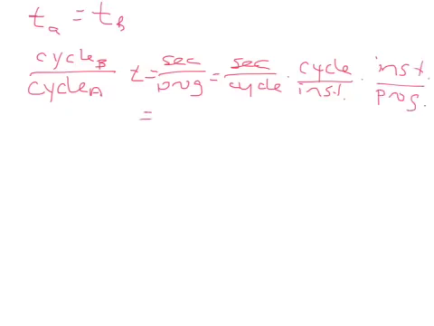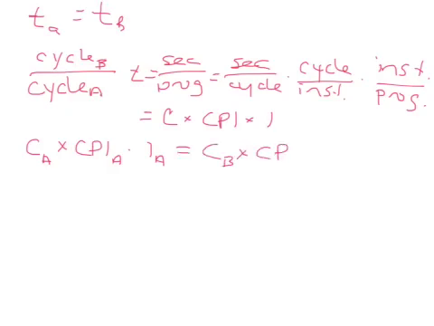So that is, we'll call the seconds per cycle C, times CPI times the instruction count. So if they're equal, we're going to have C A times CPI A times instruction count of A equals C of B times CPI B times instruction count of B.